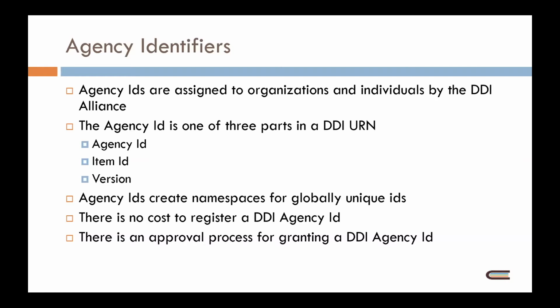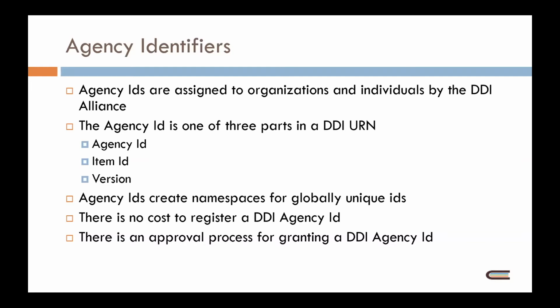These agency IDs create a unique namespace for each organization using the DDI standards. And this allows everyone using DDI to ensure that they're creating globally unique IDs. There's no cost to register or receive an agency ID from the DDI Alliance, but there is an approval process.